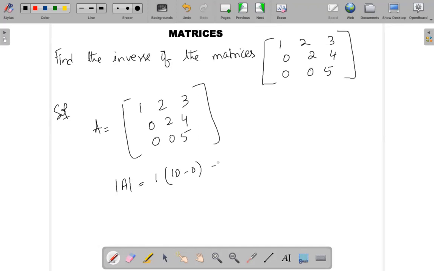Next will be minus 2 row, so that will be 0 and 0. Next, this will be 0 and 0. So you get 10 only.